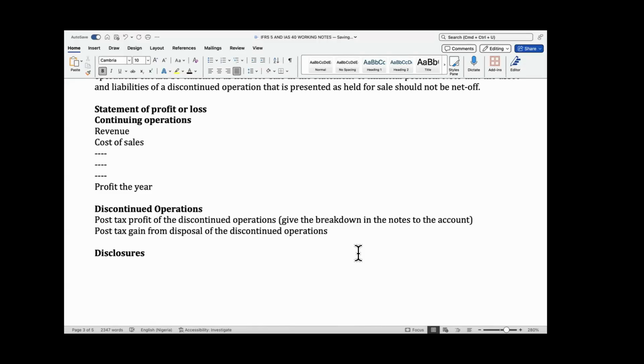And I also believe that you should agree very well with this standard asking us to do this separation. It makes so much sense because users can then easily see that this company wants to discontinue some of their operations. It will be clear. Then users can make informed investing decisions about the company. I mean, when GSK left Nigeria some years ago, people were shouting.